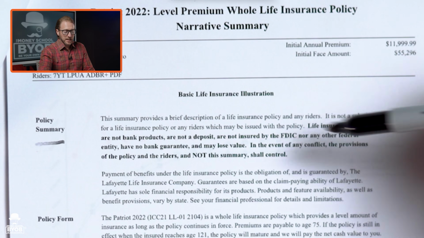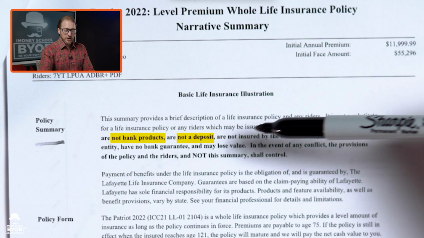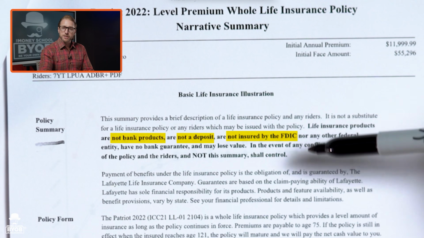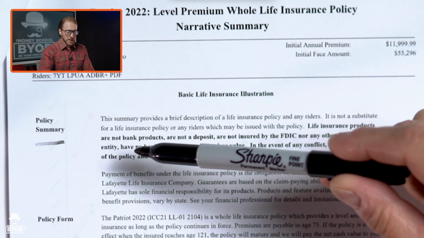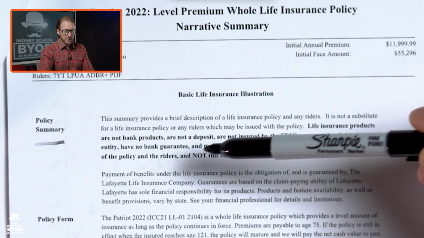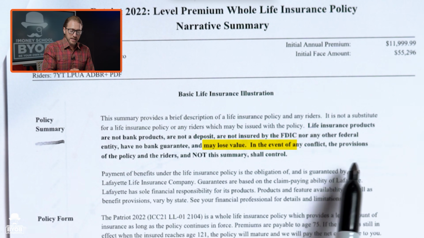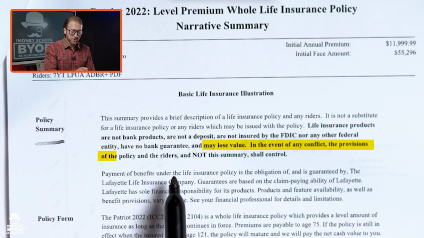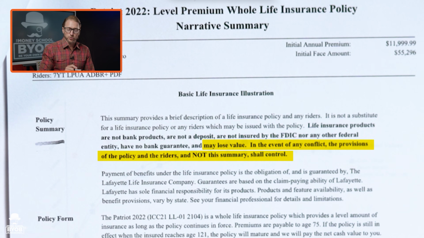So right here, it's stating that this is not a bank product and not a deposit. And they are not insured by the FDIC because that wouldn't be a banking product, nor any other federal entity. They have no bank guarantee and they may lose value. We'll talk about that in a second. In the event of any conflict, the provisions of this policy and the riders and not this summary shall control.